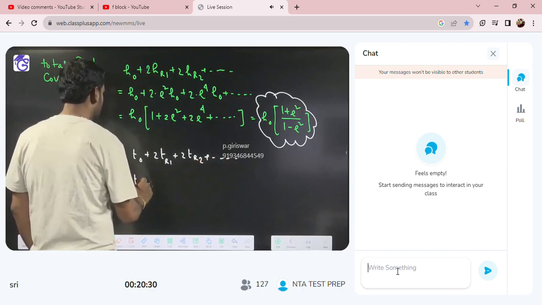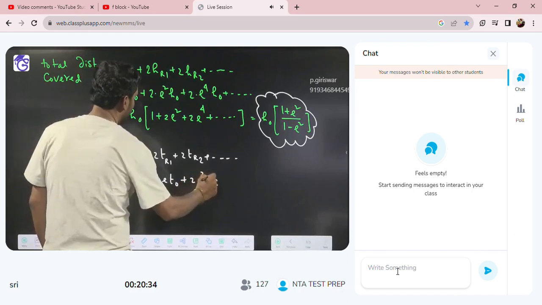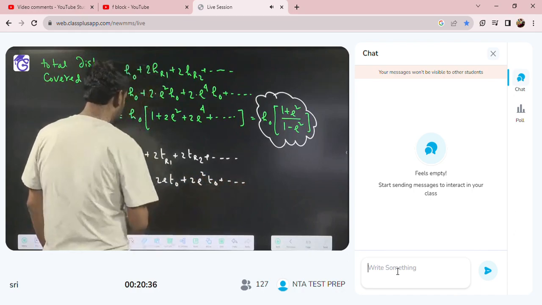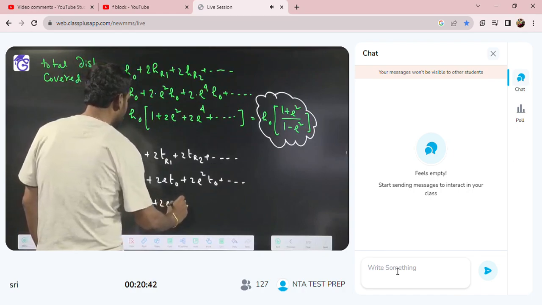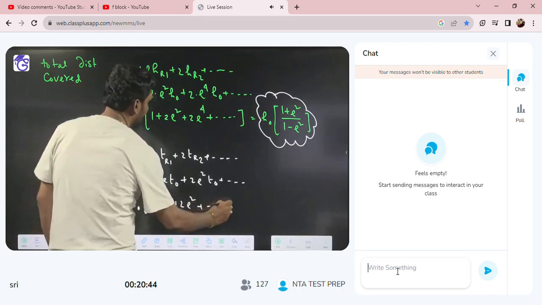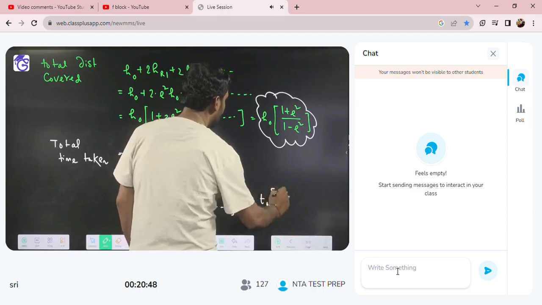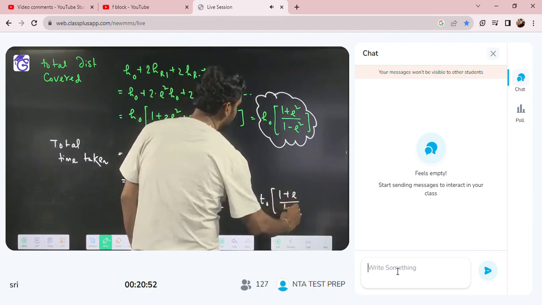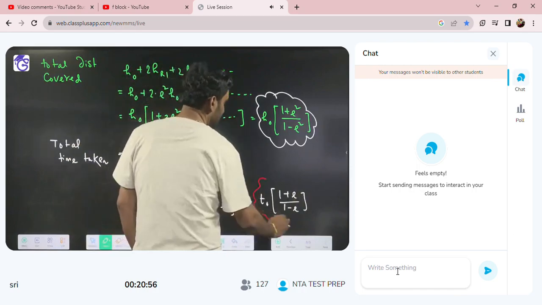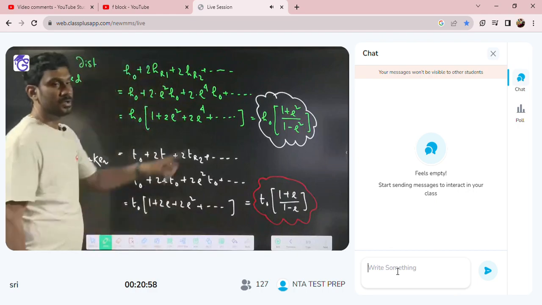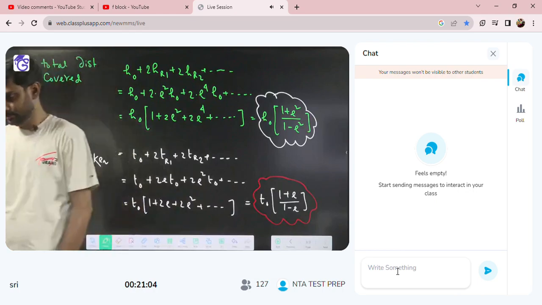So T naught plus 2E T naught plus 2E square T naught, and it goes on. If you take T naught common, 1 plus 2E plus 2E square, and it goes like this. So this results in T naught into 1 plus E by 1 minus E. So this is regarding total time. These two values are very important. You have to remember these two values. Please note.